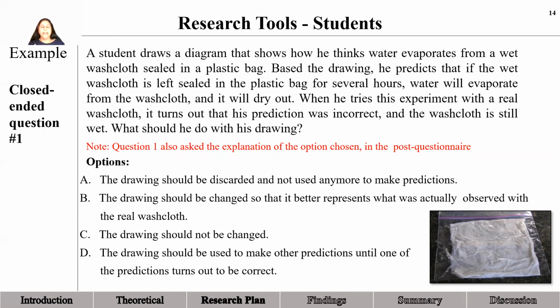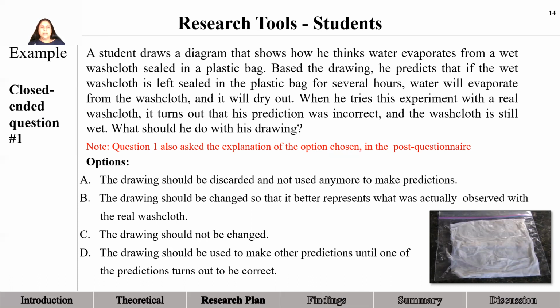Options are: A. The drawing should be discarded and not used anymore to make predictions. B. The drawing should be changed so that it better represents what was actually observed with the real washcloth. C. The drawing should not be changed. D. The drawing should be used to make other predictions until one of the predictions turns out to be correct.